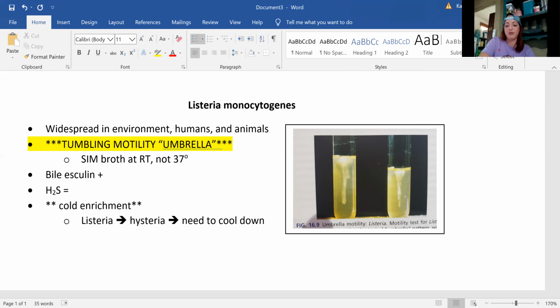Does that make sense? It might not work for you, but that's always the way I was able to remember it. So Listeria is your cold enrichment because Listeria sounds like hysteria, and when you're super hysteric, you need to cool down.